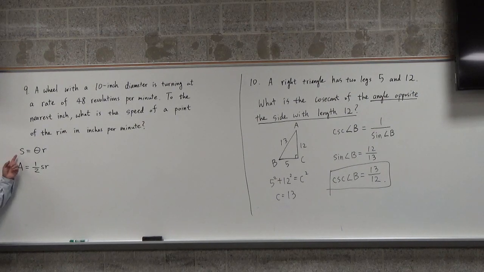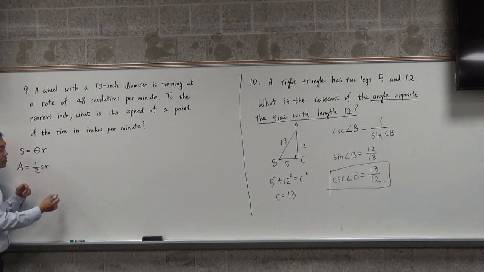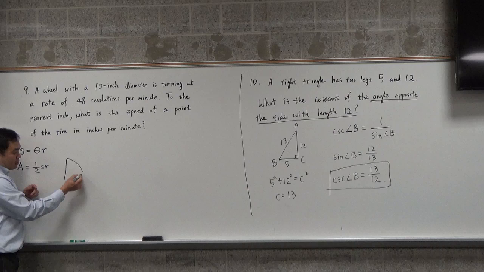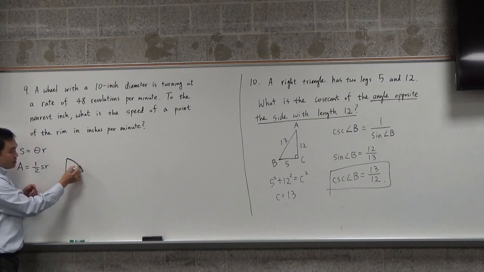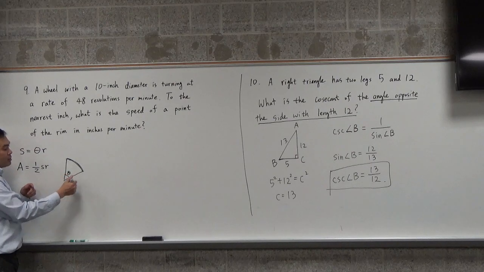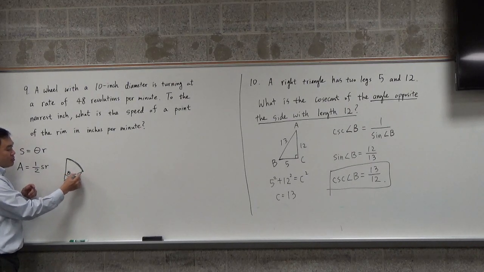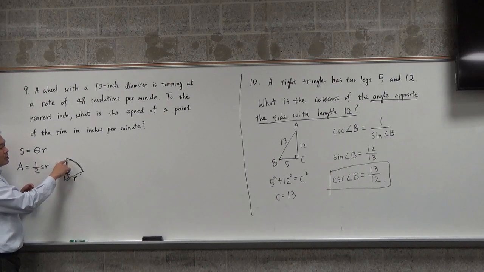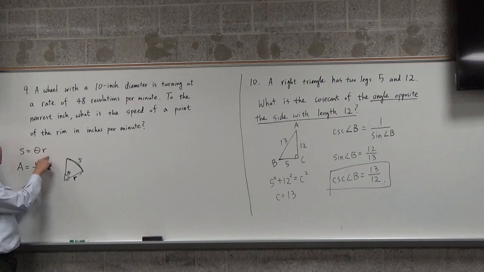Okay. First, what is this formula for? This is when you have a portion of a circle. Right? This is angle theta, and this is the radius. Then this arc length, this length here, is given as s equals r theta.